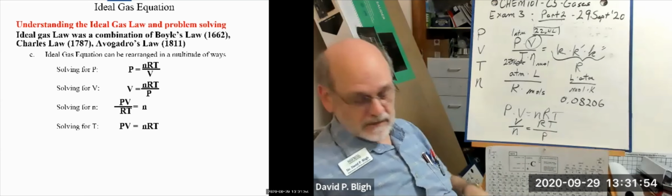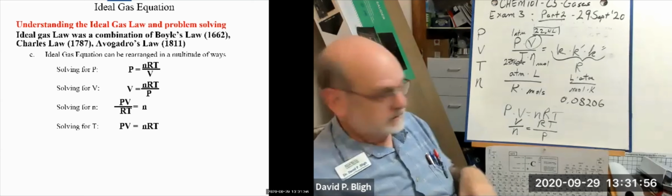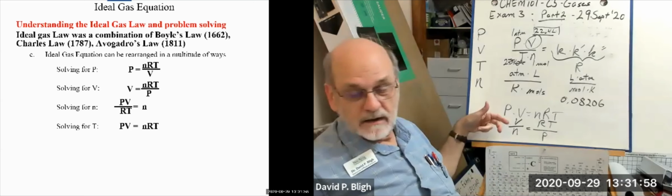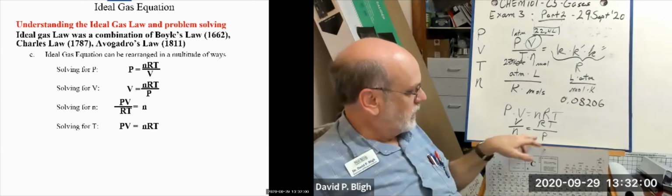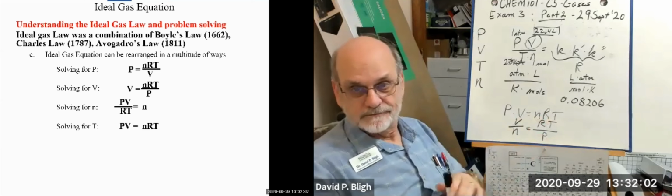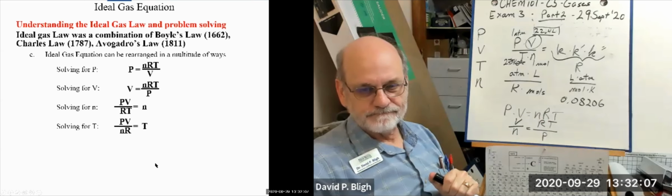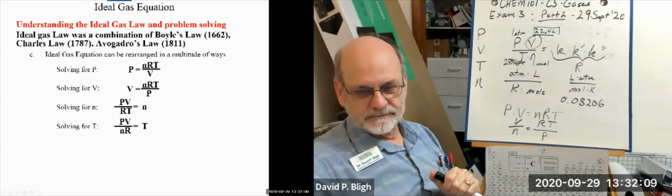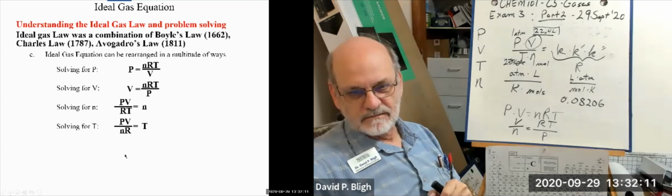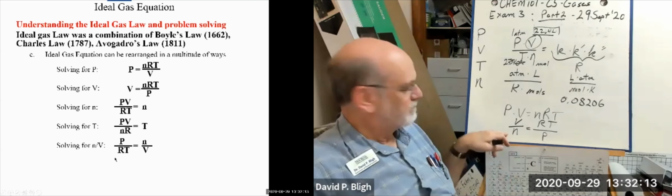That might give us a number, the ratio of liters to moles under these conditions. Well, in this case, upside down, moles to liters.